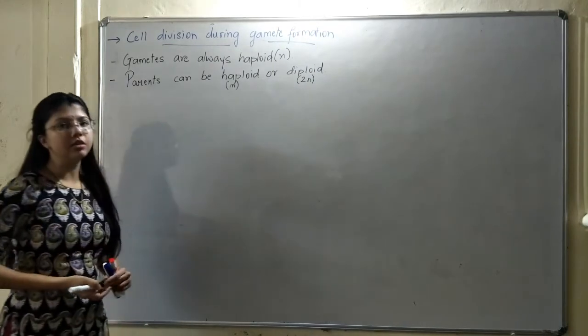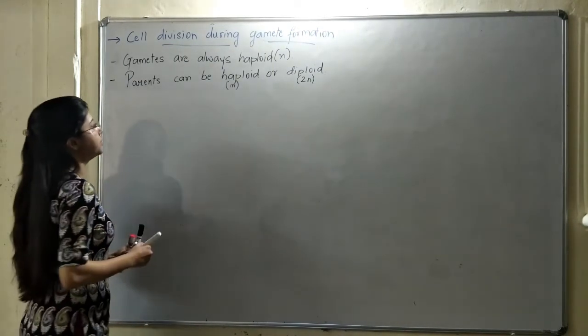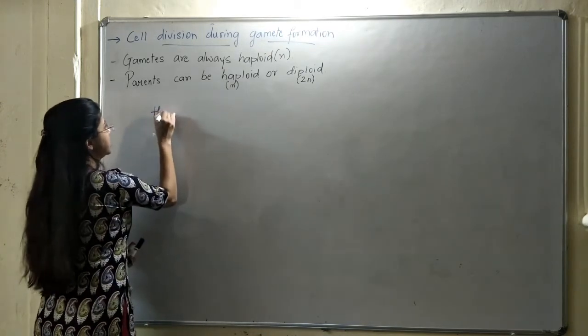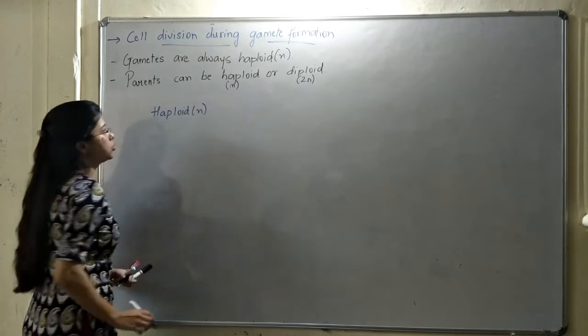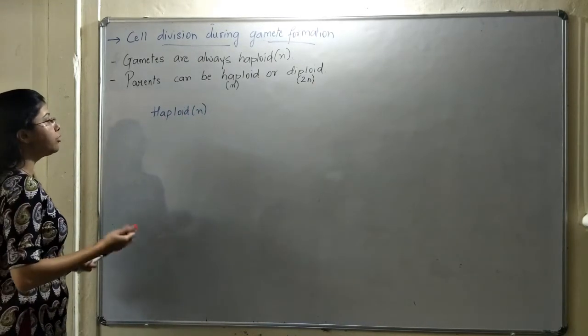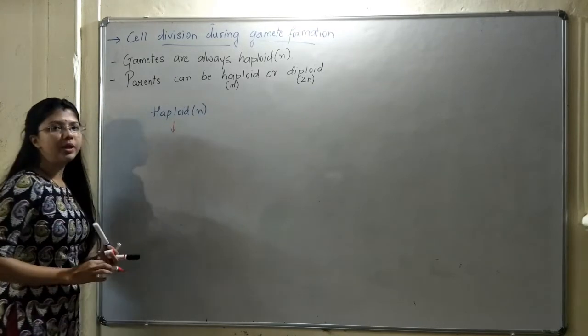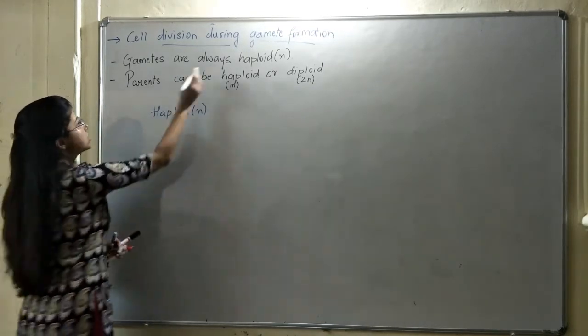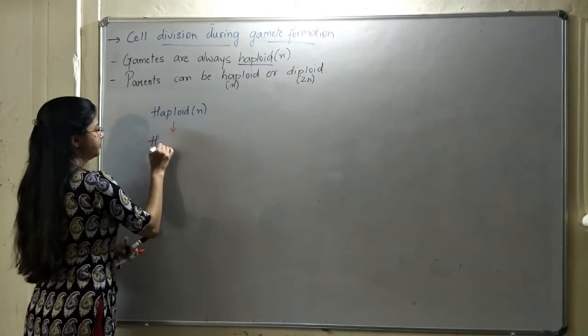Now here lies the difference in the way the new cells will be formed. For example, if a parent body is haploid and has only one set of chromosomes, the gametes formed from this haploid body should also be haploid, because it is already fixed that gametes are haploid.